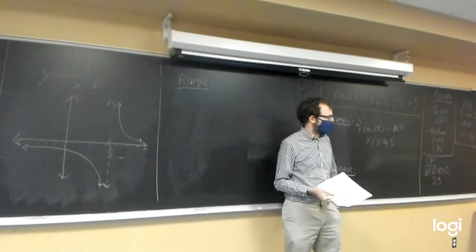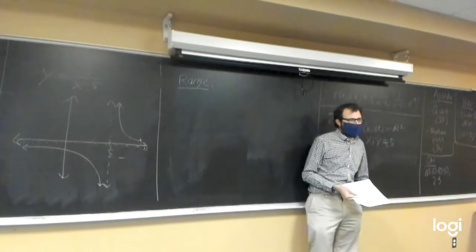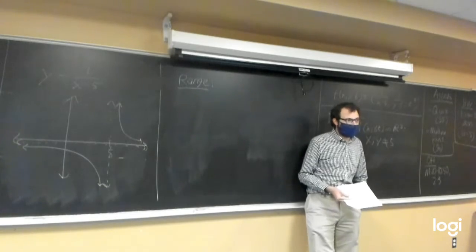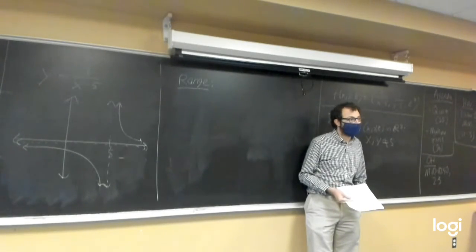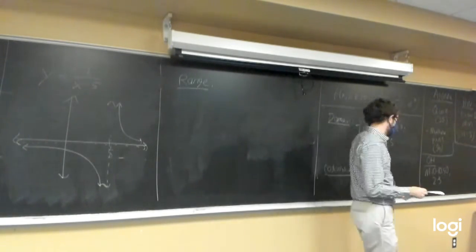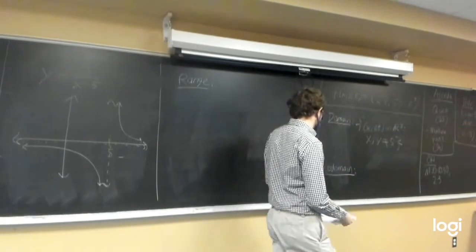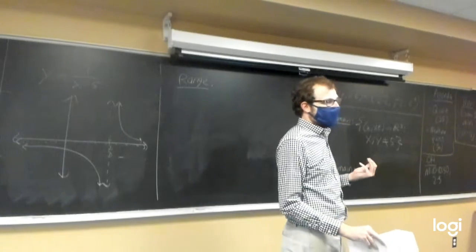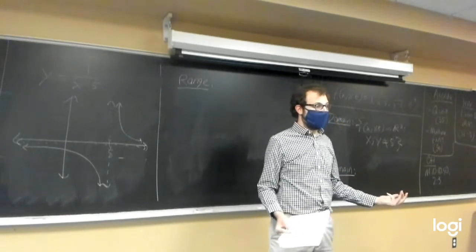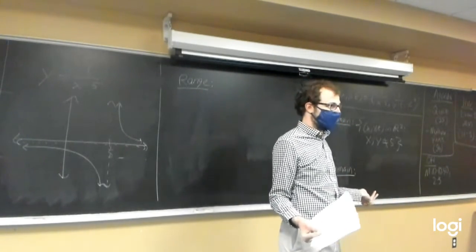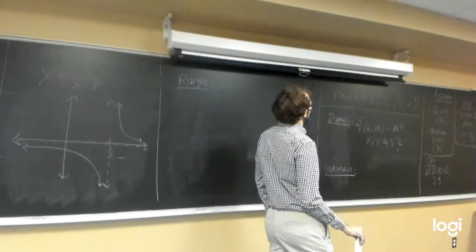I agree. Did anybody else have any other restrictions on vectors in the domain? Me neither. I think this looks good. Z, doesn't matter what z is, because no matter what z is, you can always cube it and get something that makes sense. How about the codomain?